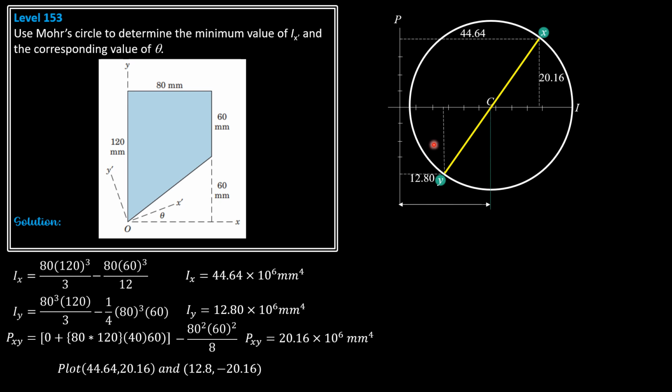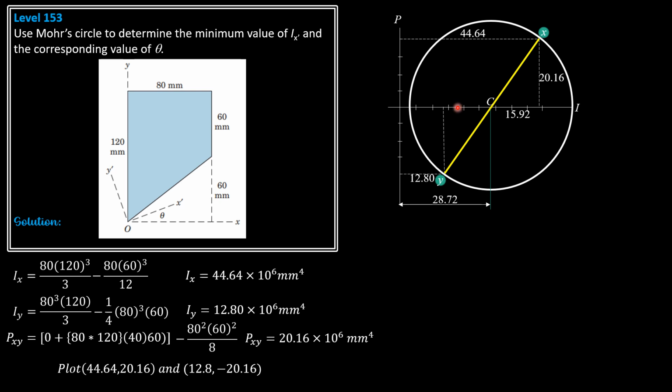So the center is at 28.72 times 10 to the 6. For this right triangle here from C to the right, that's 44.64 minus the center, which is 28.72, and therefore this is equal to 15.92.